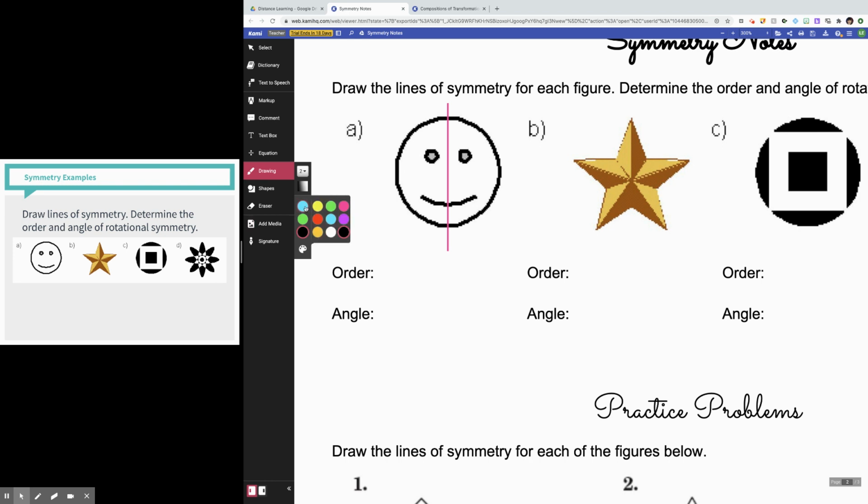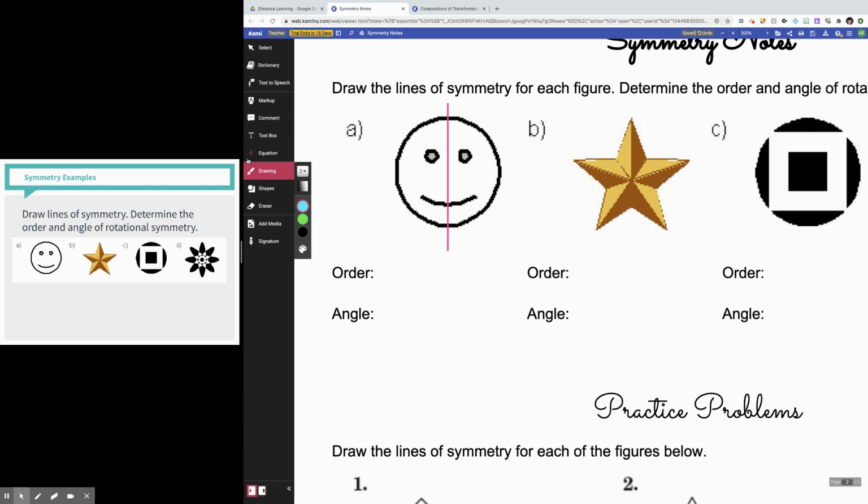If I rotated it 90 degrees, for example, it would look like this. If I rotated it 180 degrees, it would look like this, and so on and so forth.